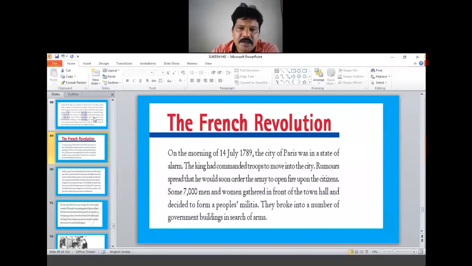Now you see, when you refer to history, Chanakya or Kautilya, you know Kautilya. Chanakya told in his Arthashastra that you should attack the enemy at his weak point.